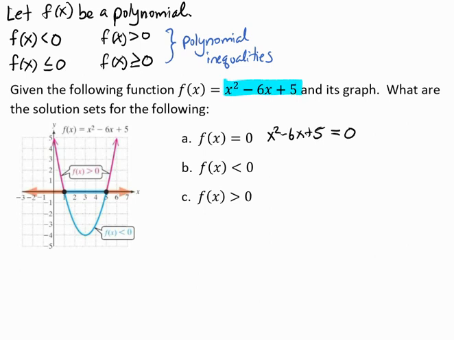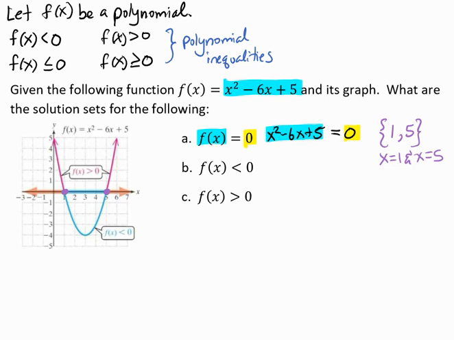We take our equation and set it equal to 0. From our graph, we can see that that happens in two places. It's equal to 0 here at 1 and here at 5. Thus, the solution set would be 1, comma, 5, or when x equals 1 and x equals 5.